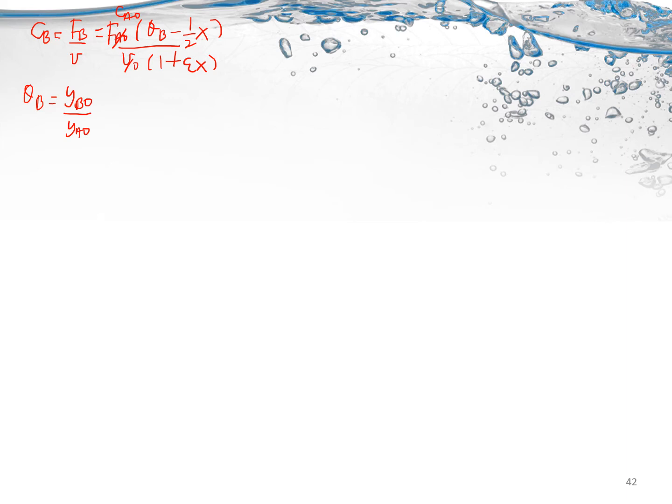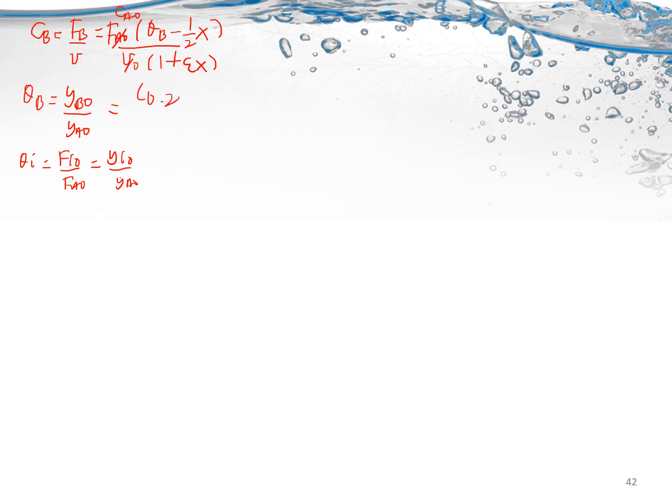Remember that I told you before, theta_i can be in terms of F, in terms of C, or in terms of N. It depends on which one you want to calculate, for example y_B0 and y_A0. So from here, for oxygen, the question only gives the percentage of the air. So you need to know the mole fraction of oxygen in the air, which is around 21%.